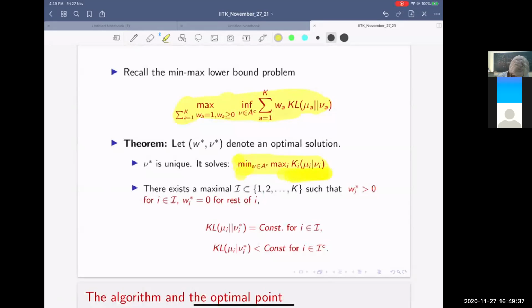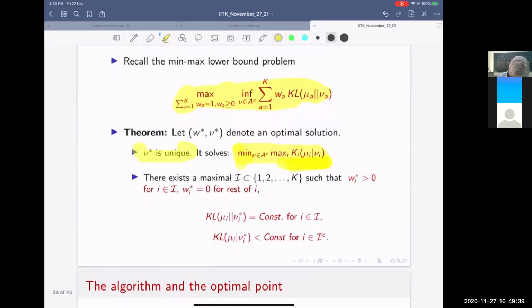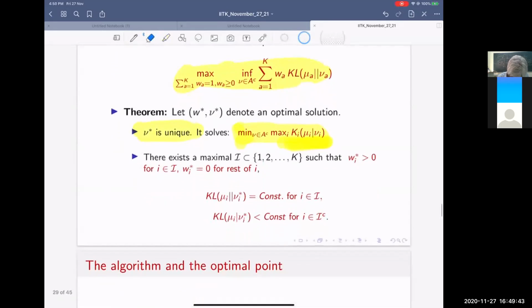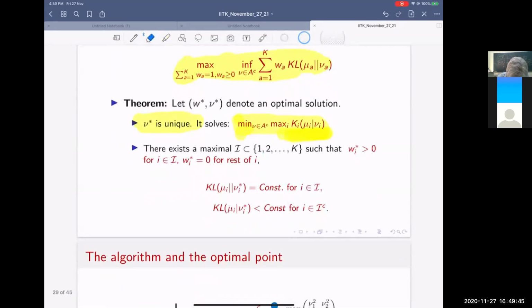But there's a very nice property we get. So there'll be a unique solution nu star and w star. W star need not be unique, but nu star is going to be unique. But this is a nice property. There exists a maximal set I, a subset of the arms for which w star i is going to be 0. So you really need to only sample a subset of arms, not all the arms.